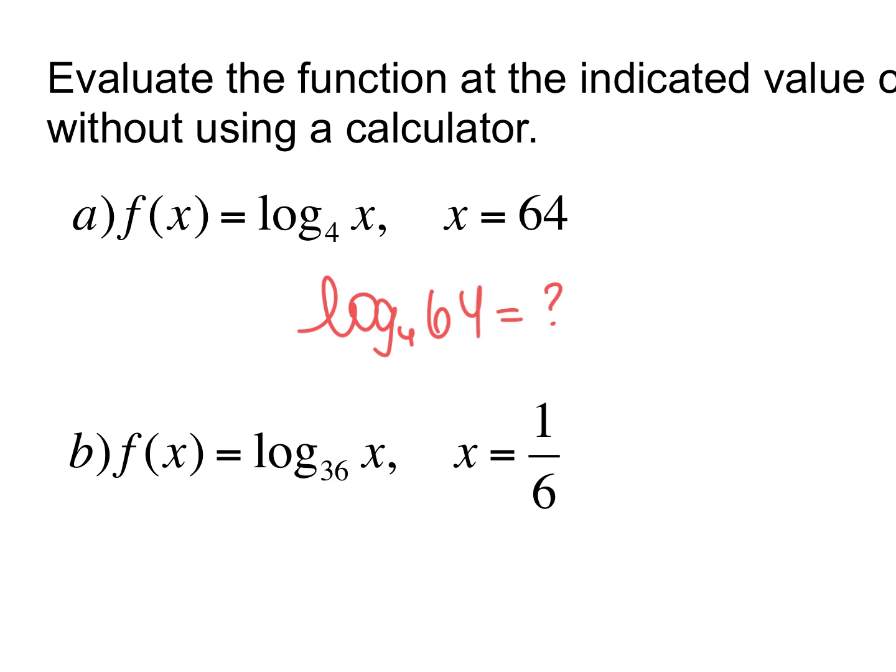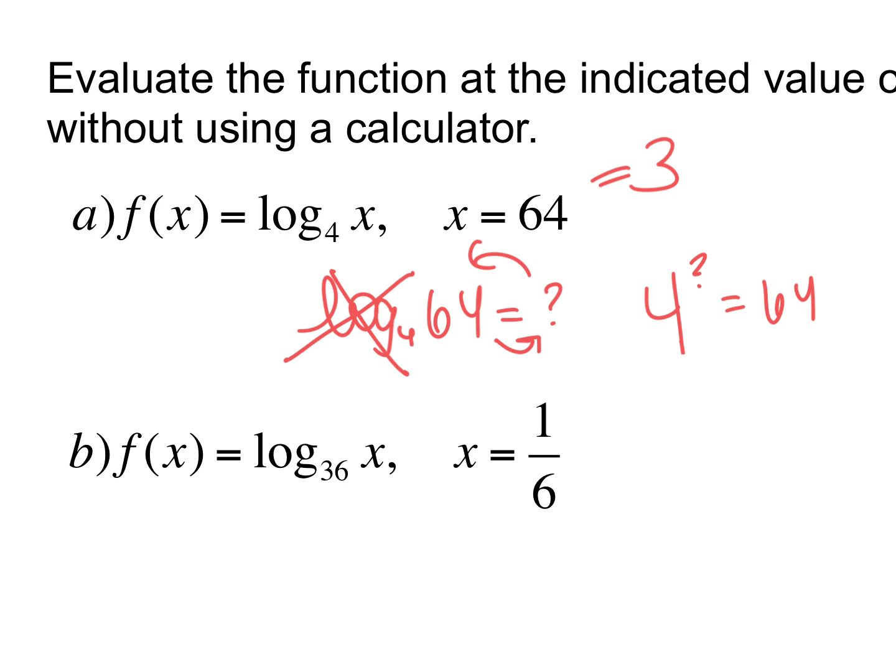So what happens to my log? Crosses off. What does that little number become? Big. And then what happens with my 64 and my question mark? They switch spots. Can you answer that question now? 4 to what power gives us 64? 3. When you evaluate this, the answer is 3.